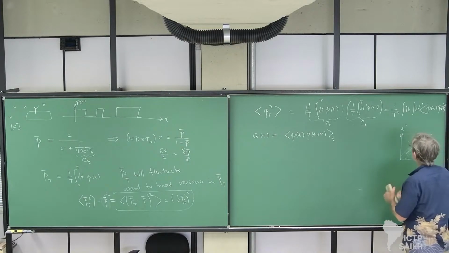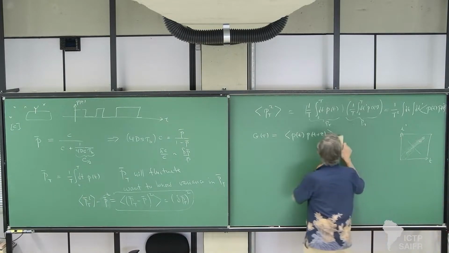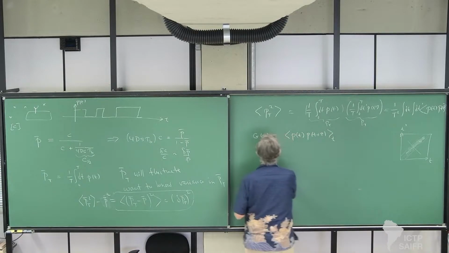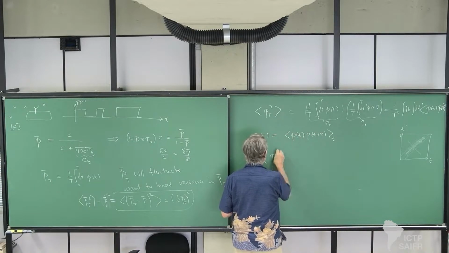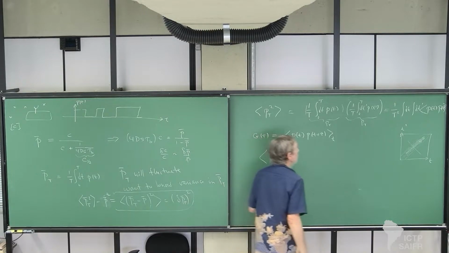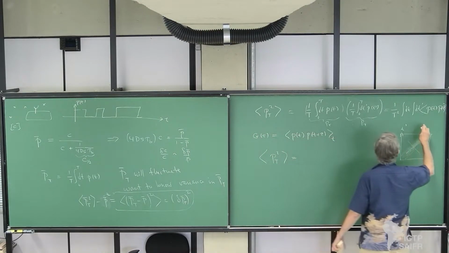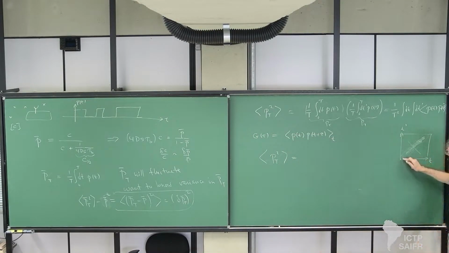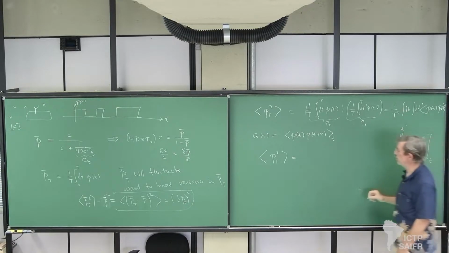So when I'm all done, I'm going to have the average of p squared. Integrating in the diagonal direction will give me a factor of capital T. Nothing changes as I integrate along that way, so that'll get rid of one of those factors.